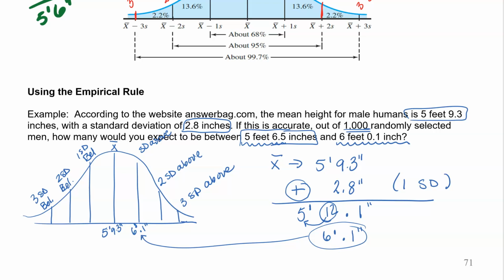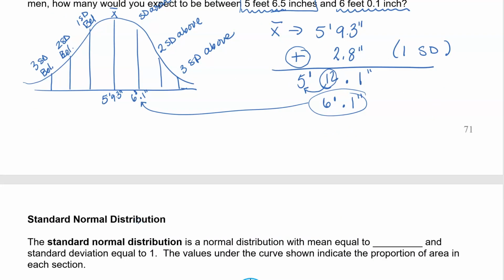Then I'm going to do 1 standard deviation below average. So I'm going to start with my X bar. So my X bar is 5 feet, 9.3 inches. That's my average. And now I'm going to subtract the standard deviation. So this is going to be 1 standard deviation below because I'm subtracting.